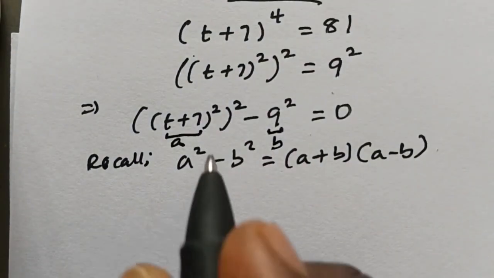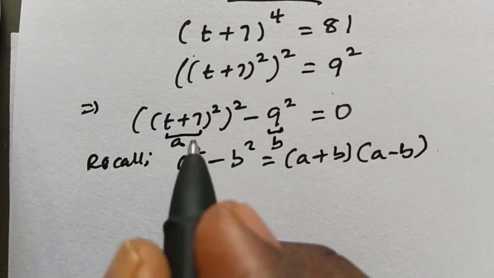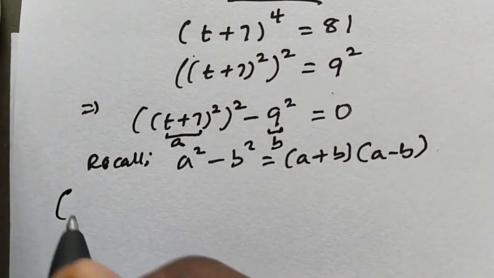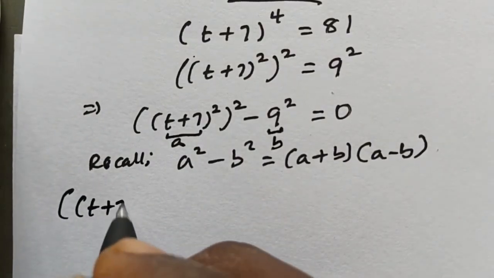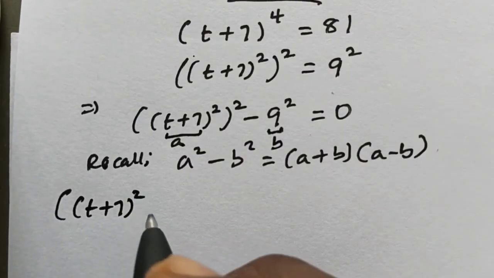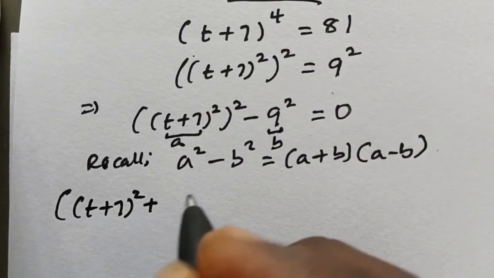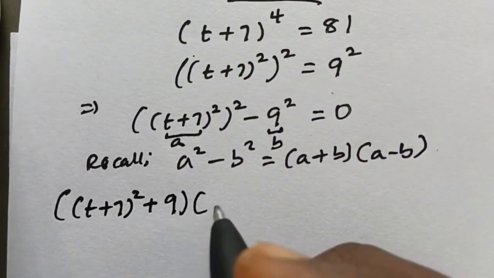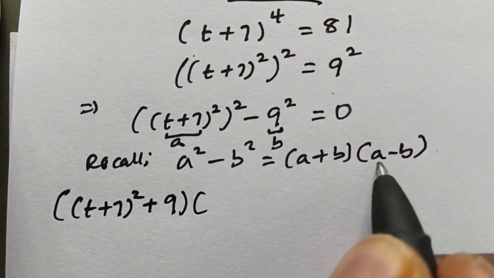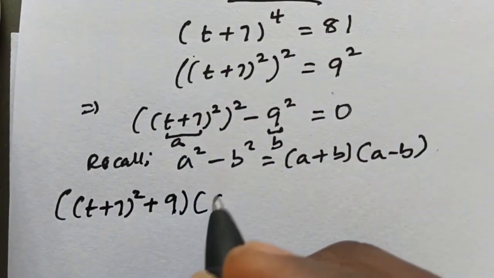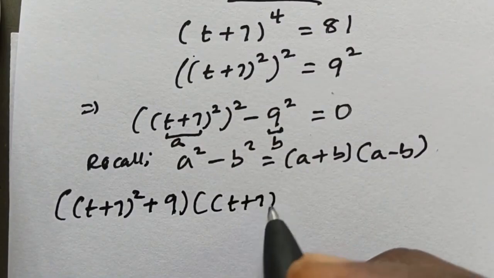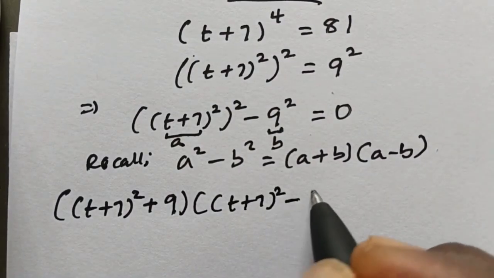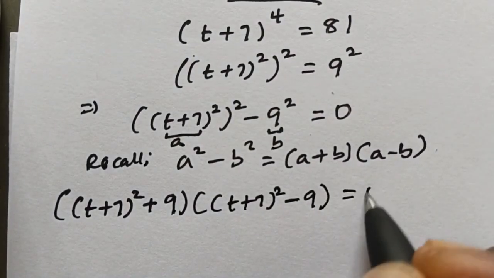So if you apply that identity, we simply have ((t + 7)^2 + 9) times ((t + 7)^2 - 9) equal to 0.